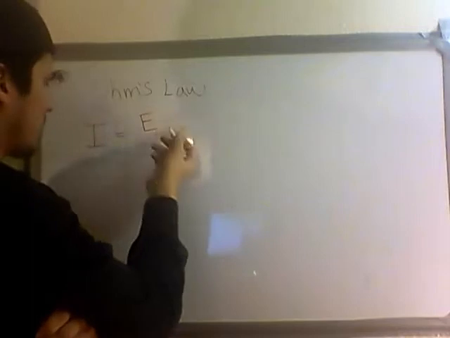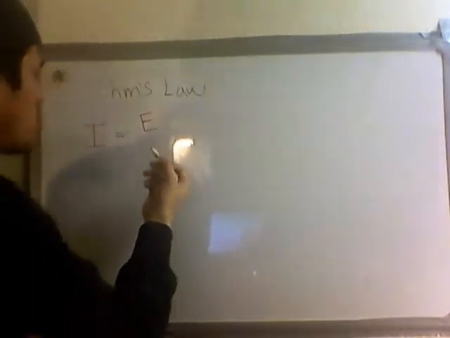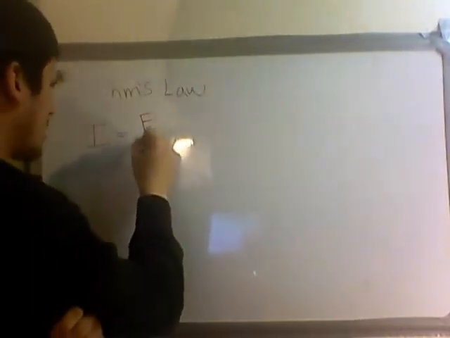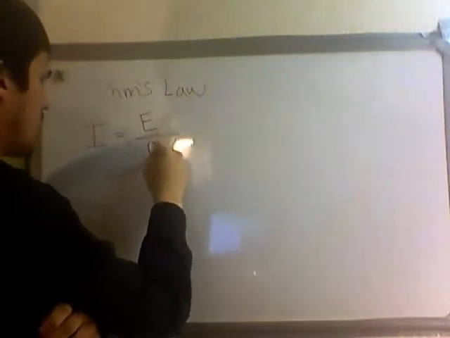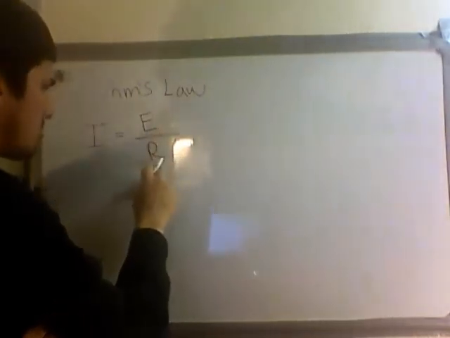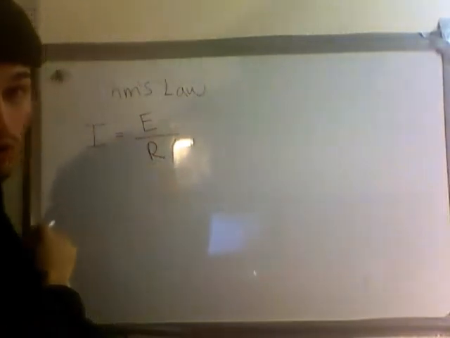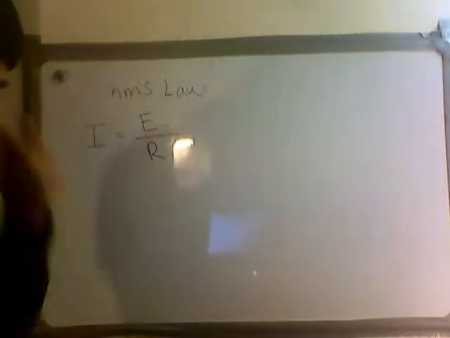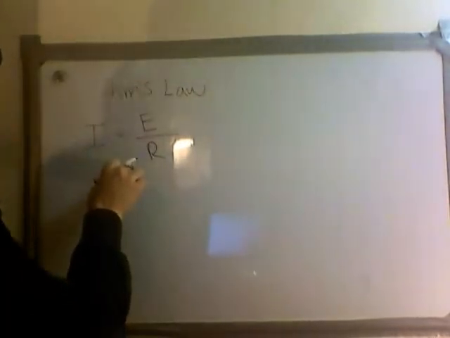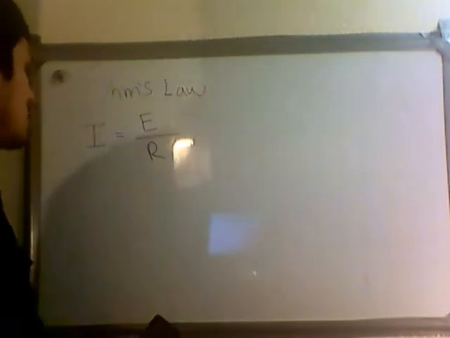You're using the variable E, also known as potential or electromagnetic forces, divided by resistance, R, also known as ohms. This is Ohm's law, and it's basically the most frequently used math equation that I noticed on the test.